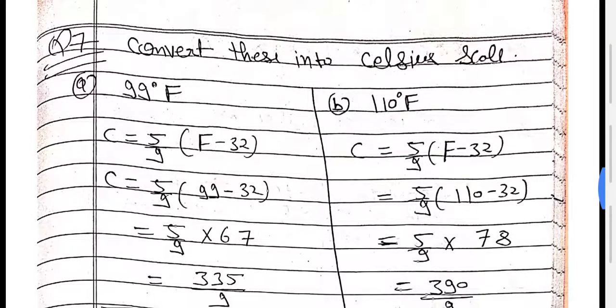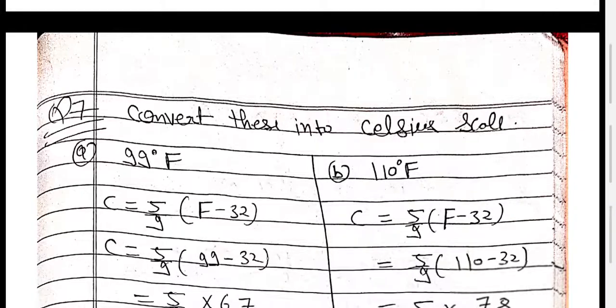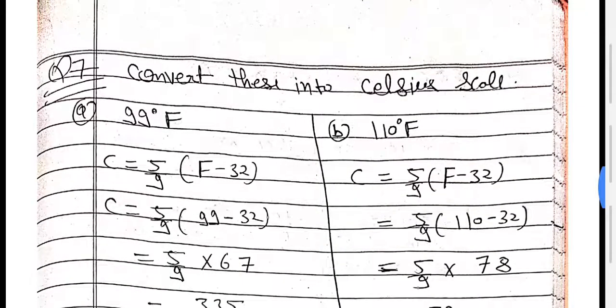Now convert the following into the Celsius scale. This question you have to verify by using your formula as I explained. So you have 99 degrees Fahrenheit. C is equal to 5 upon 9 times F minus 32. What is the value of F? 99.